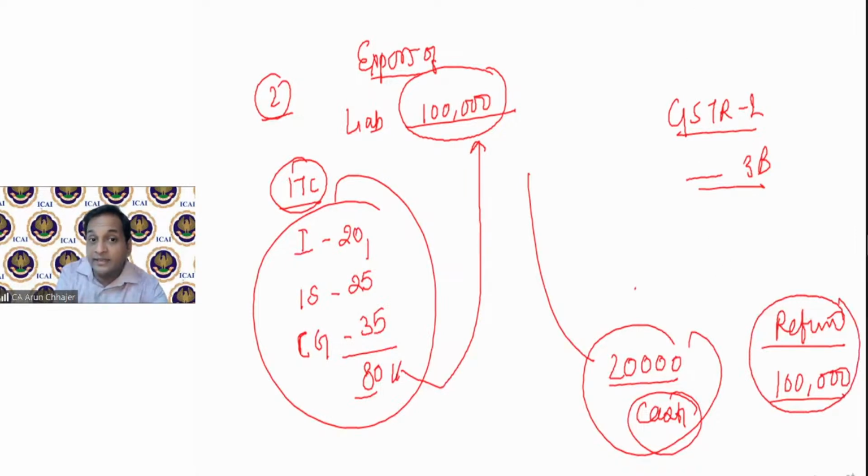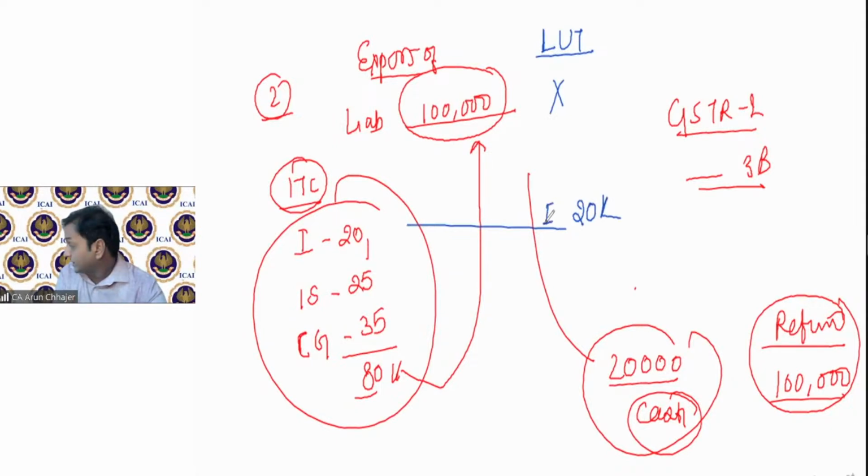Now let's say this is the case of LUT. If this is the case of LUT, I am not required to pay any taxes. Then I will file the refund application for accumulated ITC. What would be the refund amount? A refund would be granted for ITC of inputs 20,000 and ITC of input services 25,000. ITC of capital goods is prohibited.